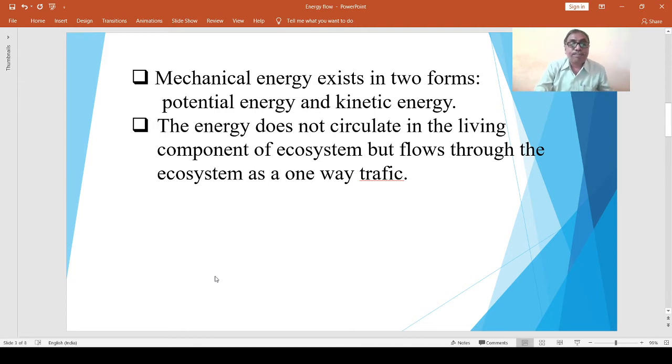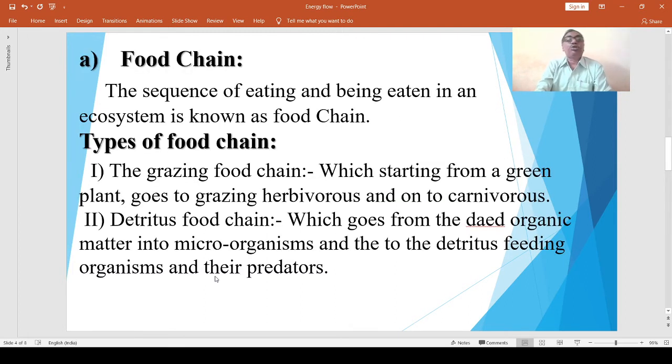To maintain the ecosystem, a constant supply of energy is necessary. The sun is an inexhaustible source of energy for the maintenance of life in the ecosystem and food chain. The sequence of eating and being eaten in an ecosystem is known as a food chain.